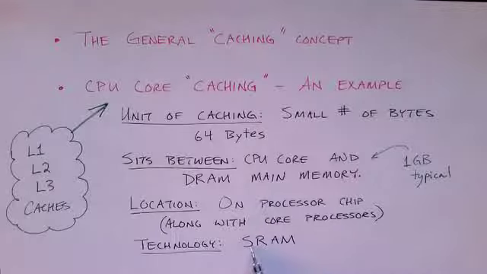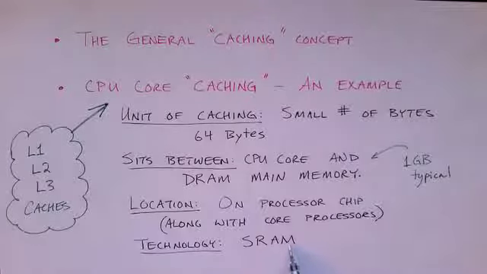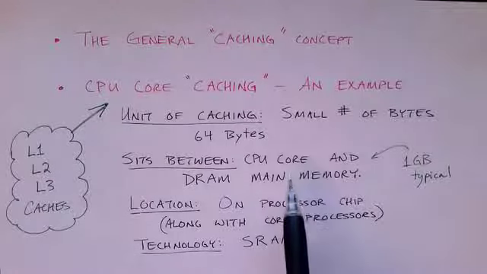Cache memory is generally implemented with static RAM, which is much faster. It takes more transistors per bit, so it's larger and therefore more expensive. So cache is small, expensive, and fast, whereas main memory is slow, cheap, and large.